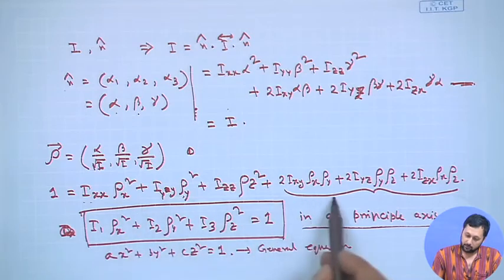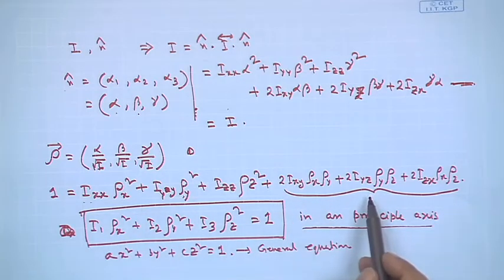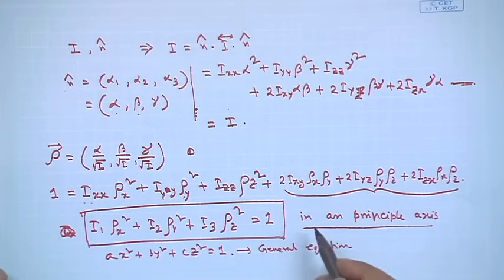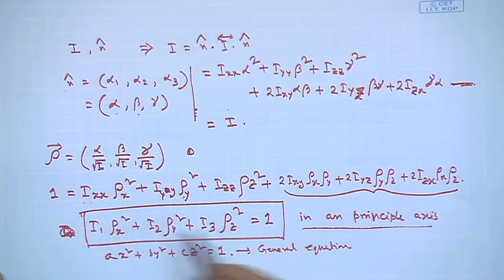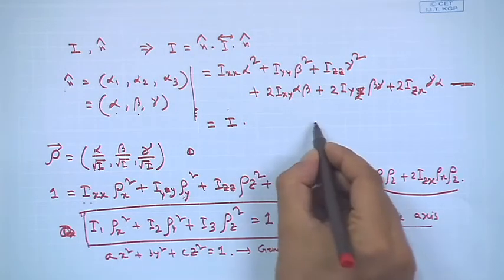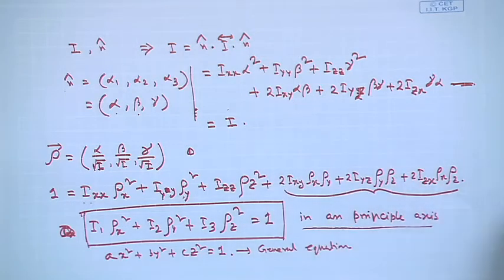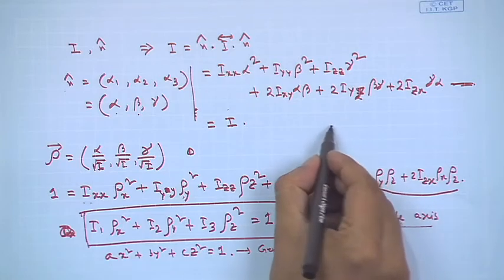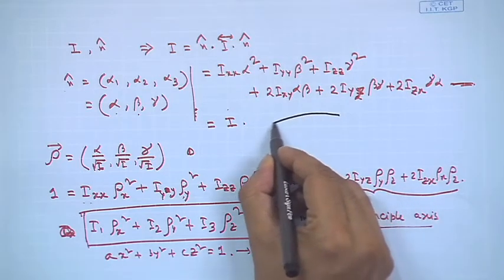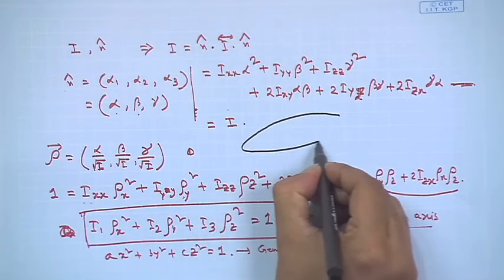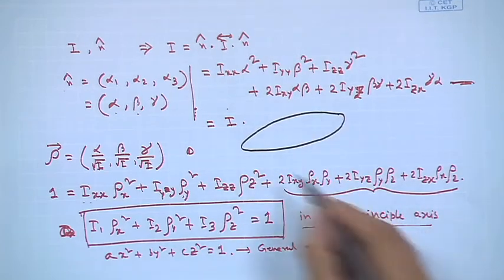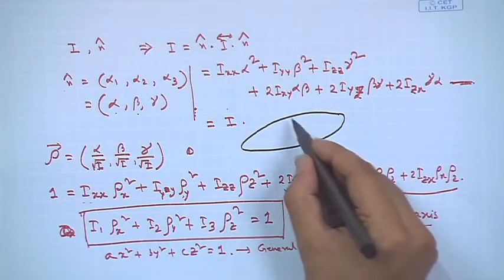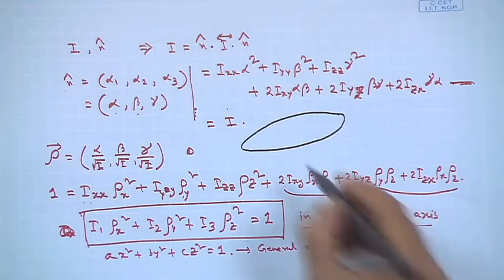Now, in the earlier system also, this is an ellipsoid, but the axis system is not falling along the different axes of the ellipsoid. What I mean by this is, let us assume this surface is an ellipsoid, and we have all the axes marked.